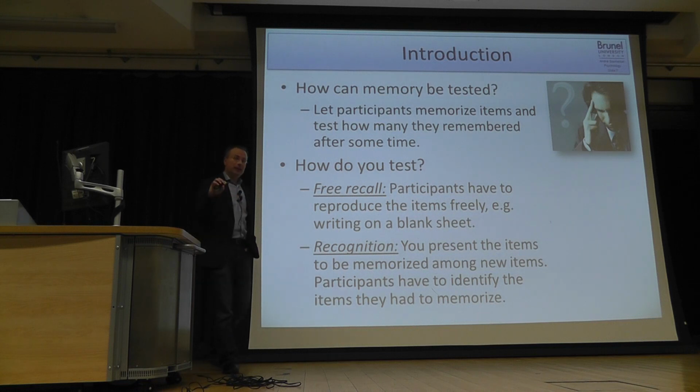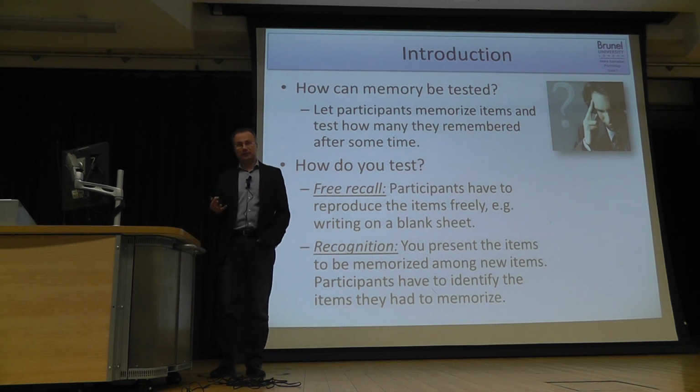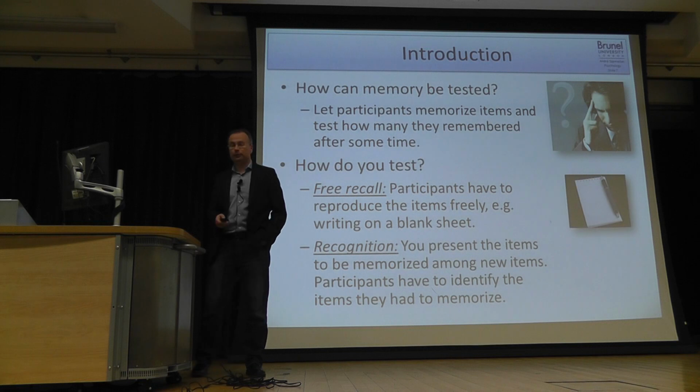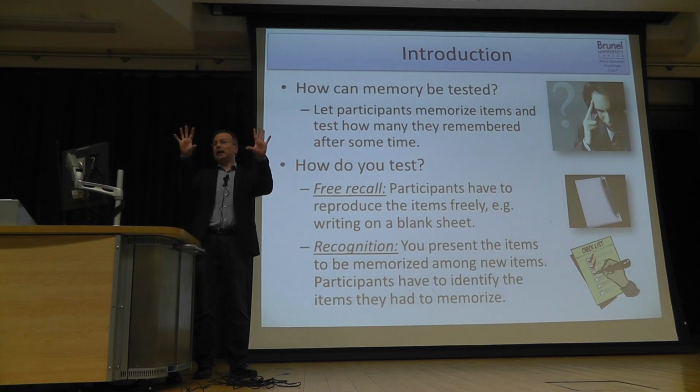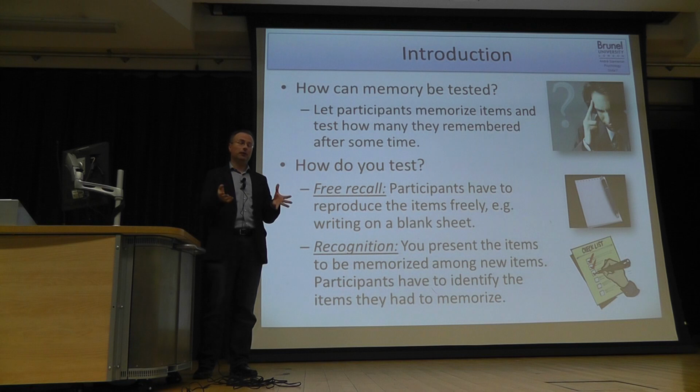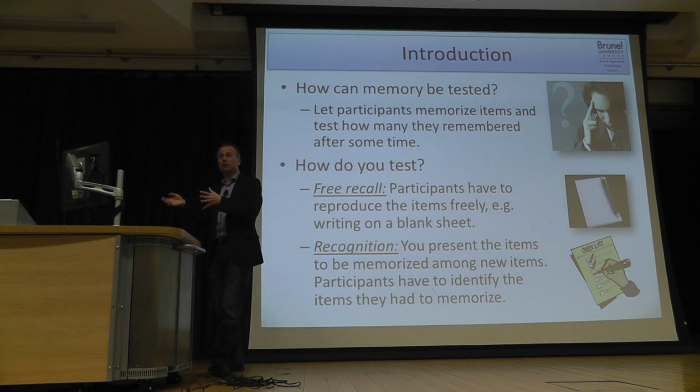Another way to approach that is a recognition test. So free recall would just be a blank sheet, and a recognition test is usually done this way: you present two items to the participants, for instance, two words, and one of the words is new, they have never seen it before, and one of the words is old, they have seen it before, and they have to decide which one they saw before.